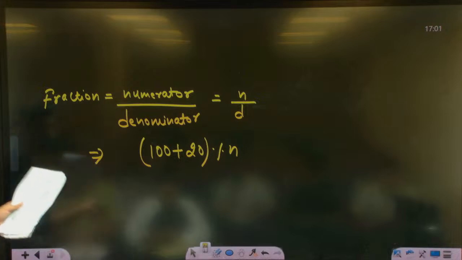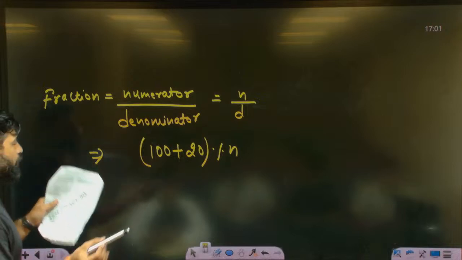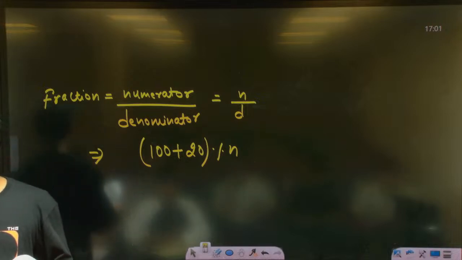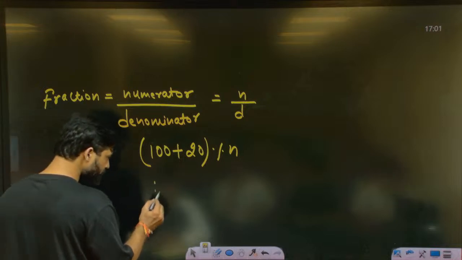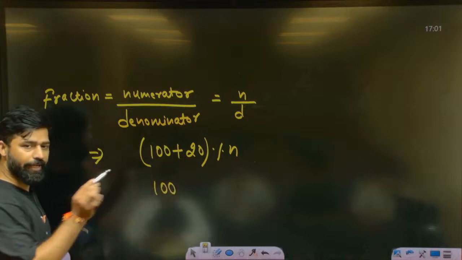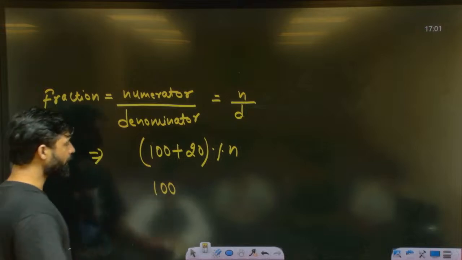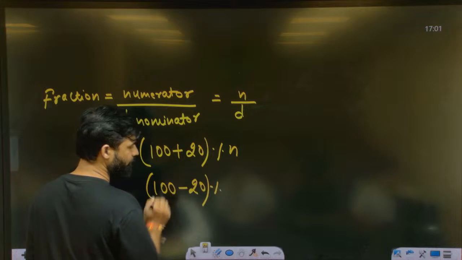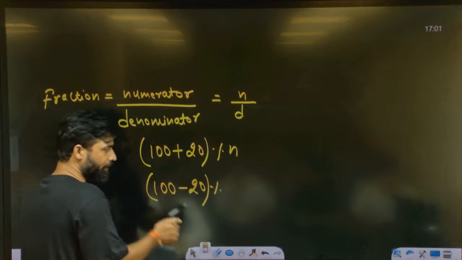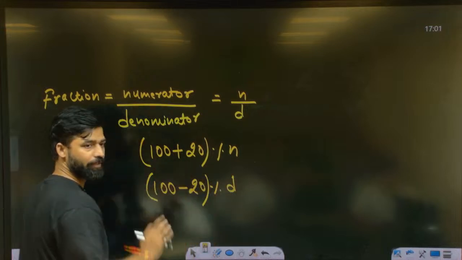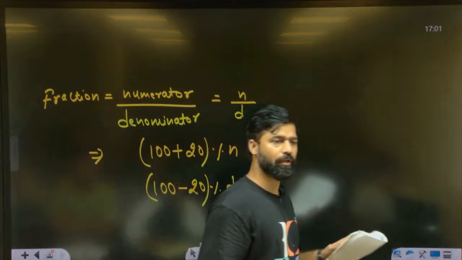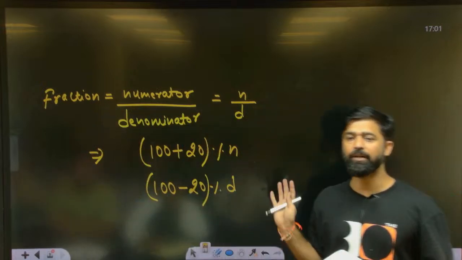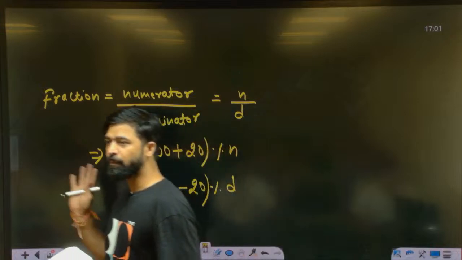Okay, let's talk about the denominator now. The denominator is decreased by 20 percent. Earlier the denominator was also 100 percent, but it is decreased, so 100 minus 20 percent. So the denominator is exactly 80 percent of the earlier one. Any problem in this?